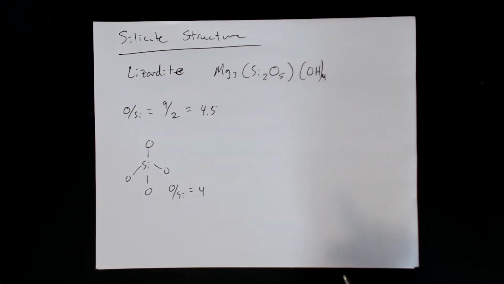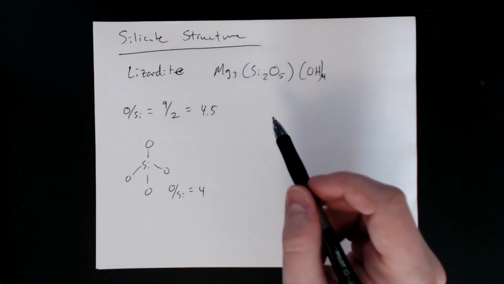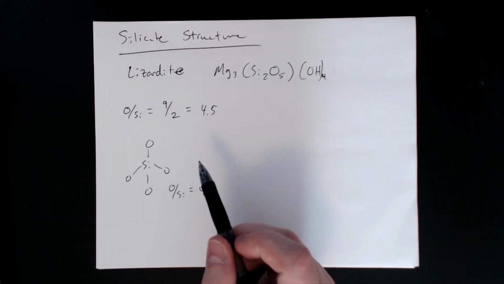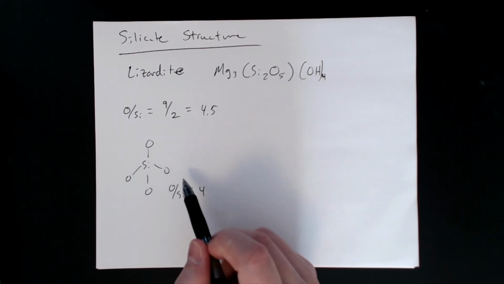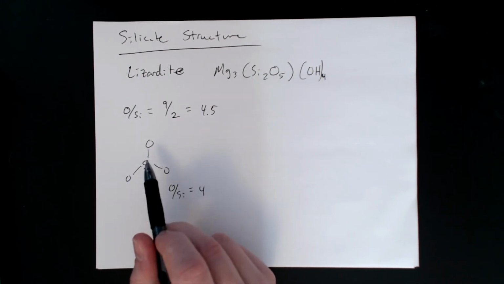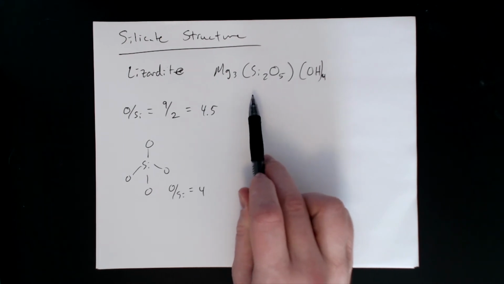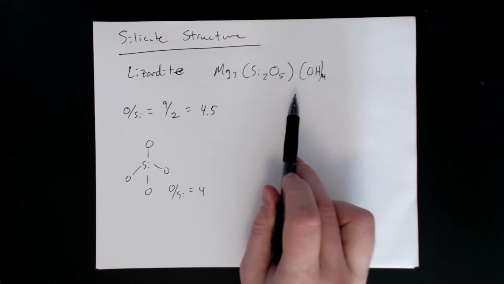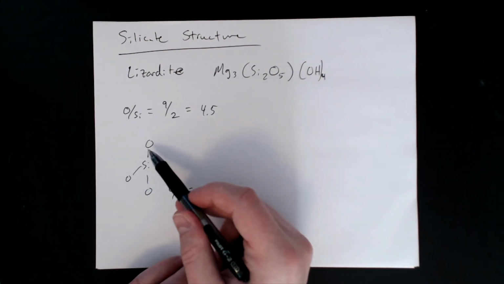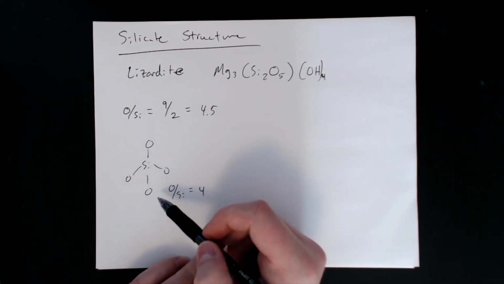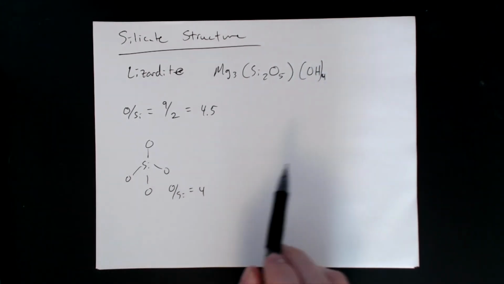It turns out that in the overall compound we could actually have more oxygen than what we see in this tetrahedron, but the oxygen is not part of it, right? And as it turns out, they've already drawn or organized it for us in such a way to show that these OH groups are not part of this SiO4 network. The OH groups are separate, right? That's a hydroxyl group, a chemical group that's kind of separate.